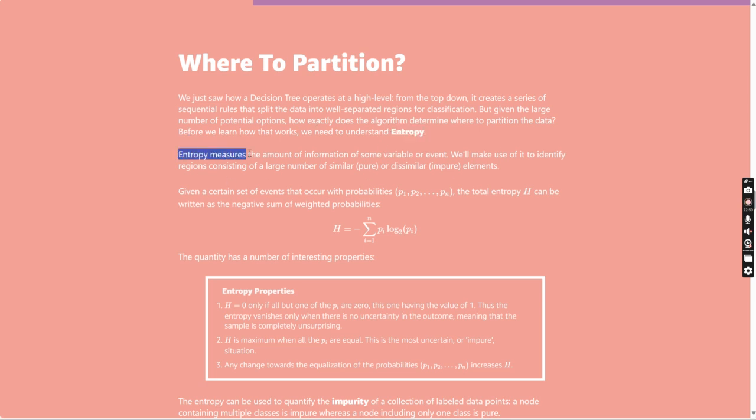So basically entropy measures the amount of information of some variable or event, specifically when there is a mix up of data points. If there is a mix up of data points, then the entropy would be greater than 0. Again, another interview question.